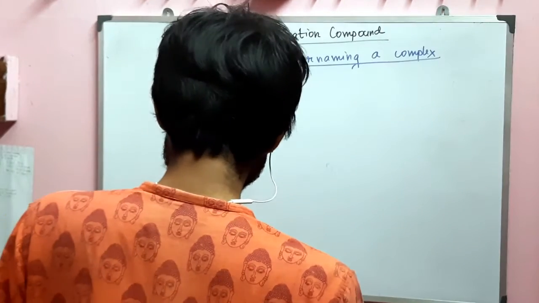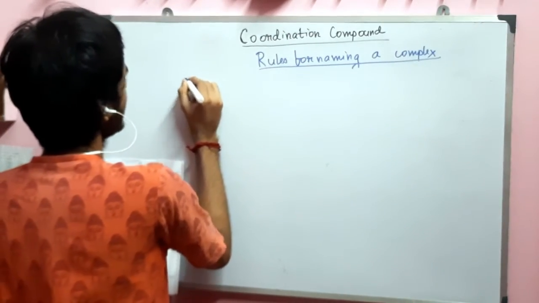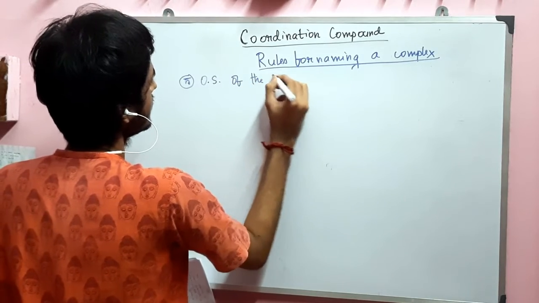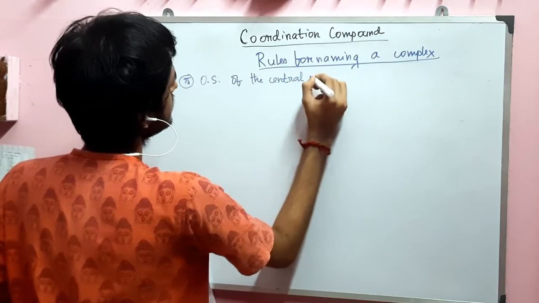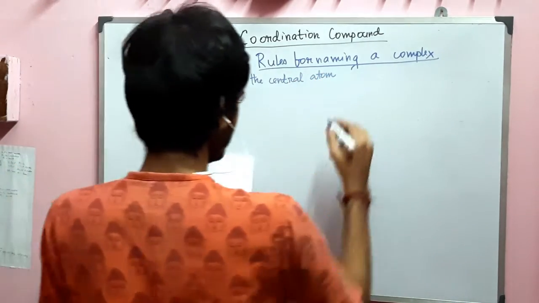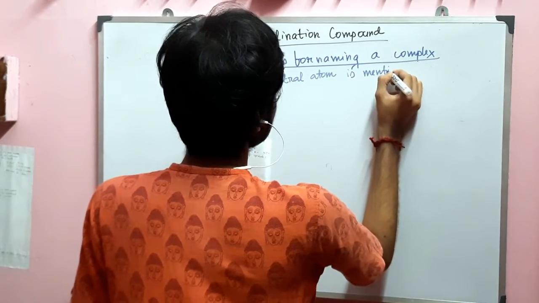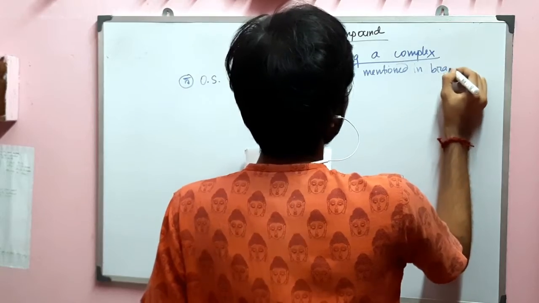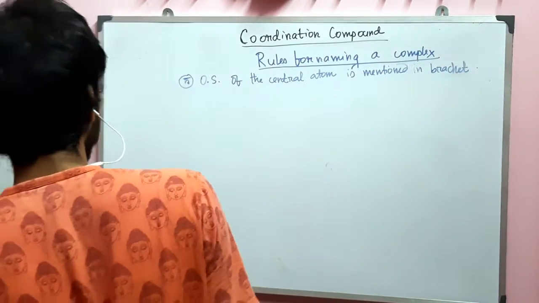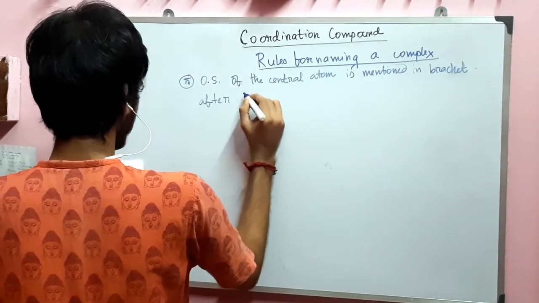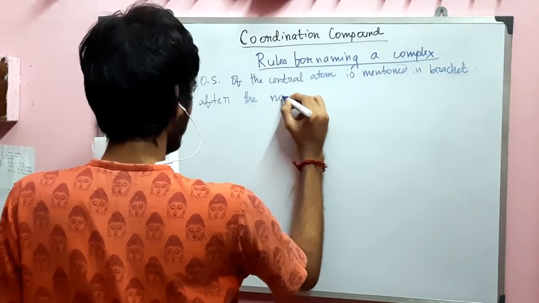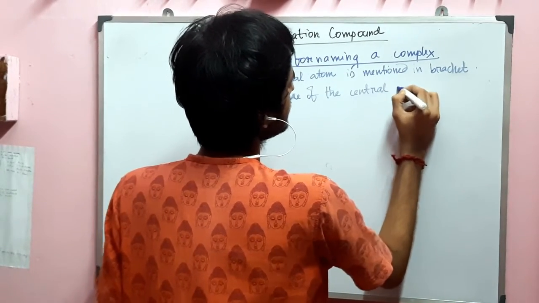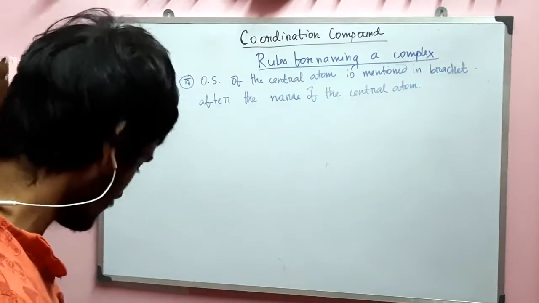The last and fifth point is: the oxidation state of the central atom is mentioned in brackets after the name of the central atom.